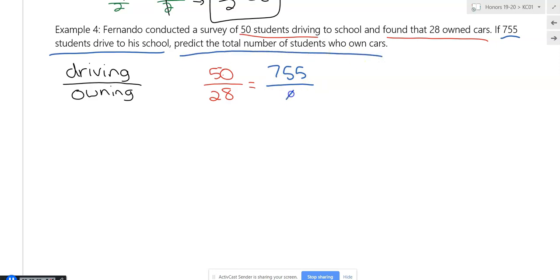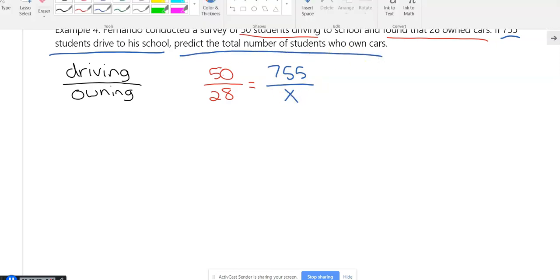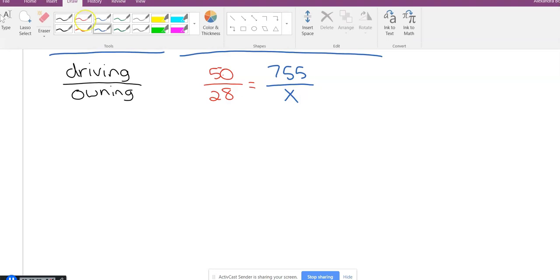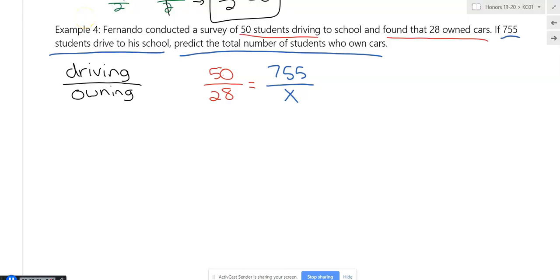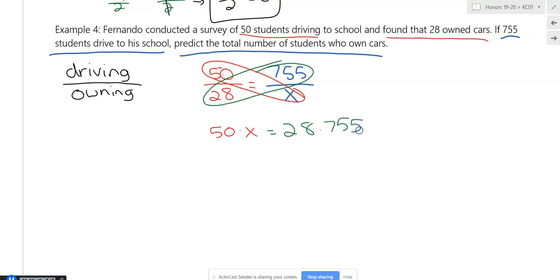Predict who owned. So that's what I'm solving for. Now I'm doing the same thing we did in our problems. 50 times x. 28 times 755.